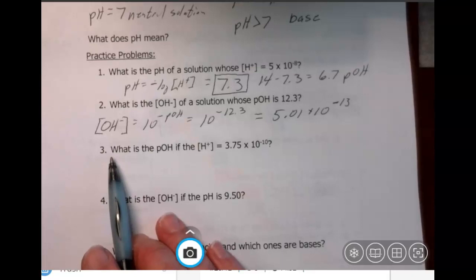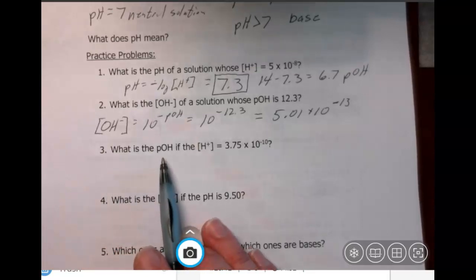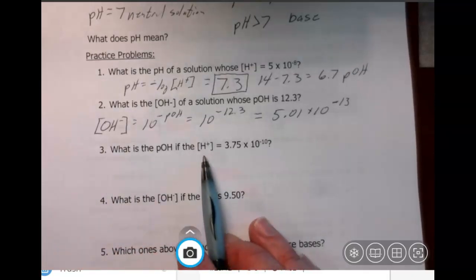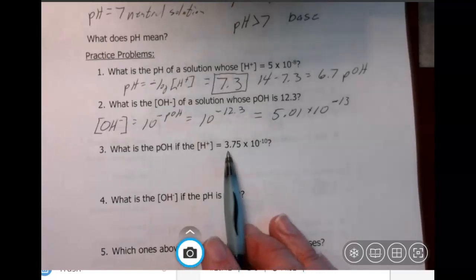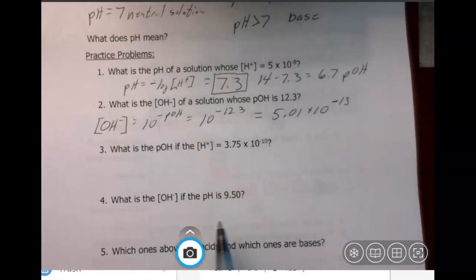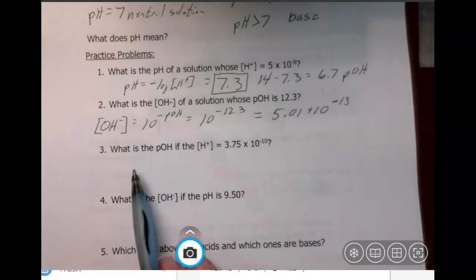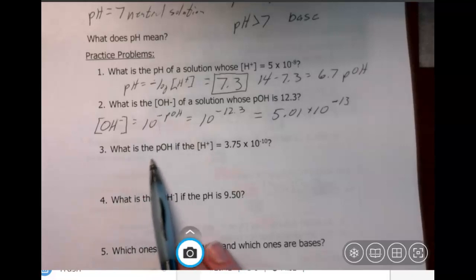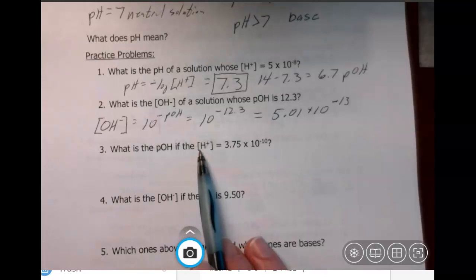Now, our third problem here says, what is the pOH if the hydrogen ion concentration is 3.75 times 10 to the minus 10? Our formula for pOH is equal to minus the log of the hydroxide ion concentration. But we don't have the hydroxide ion concentration.